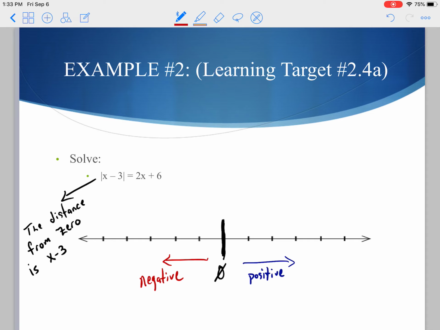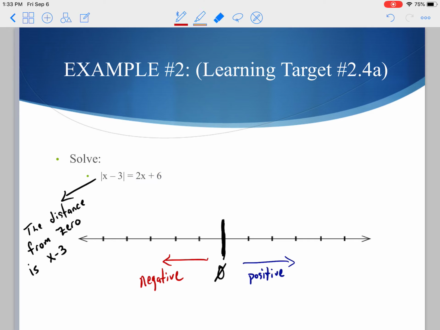Now, unlike previous instances where the right side of the equation was a constant or a number, we have a variable on the right side. So I do not know exactly where this will fall. This particular expression on the right side of the equation will fall as a distance from 0, either in the positive or the negative direction.